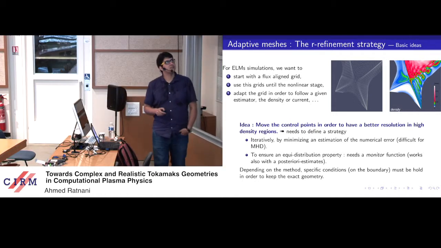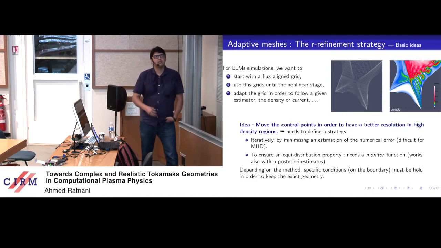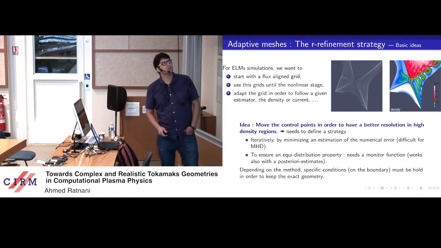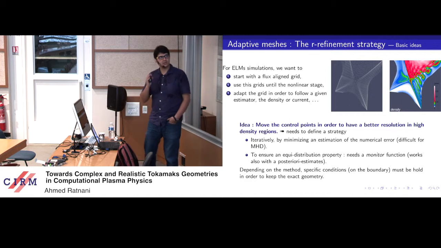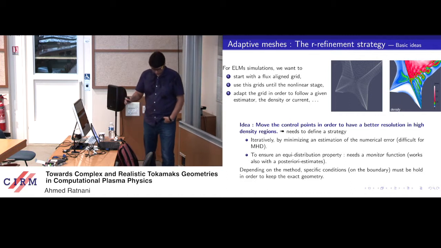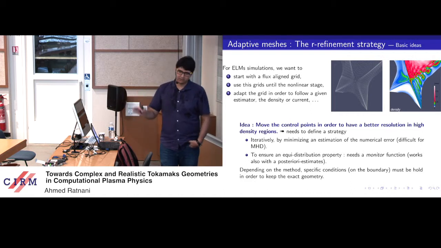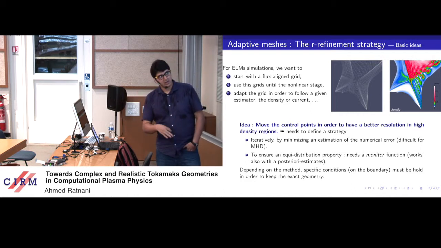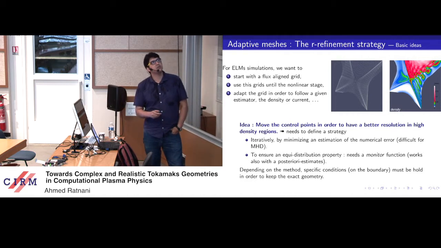One of these strategies is to use an iterative method by a minimization of an estimation of the numerical error. So this is very difficult in MHD. We will see an example for elliptic problems. It's very fine. You can derive the a posteriori estimates and then use them to compute the good mesh.